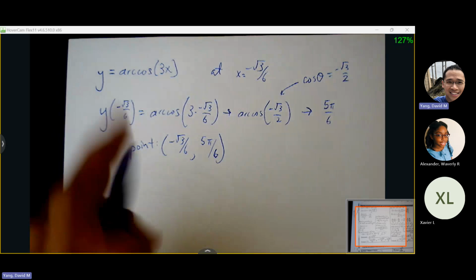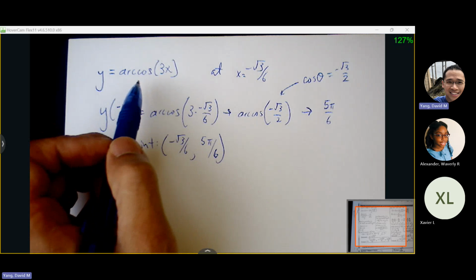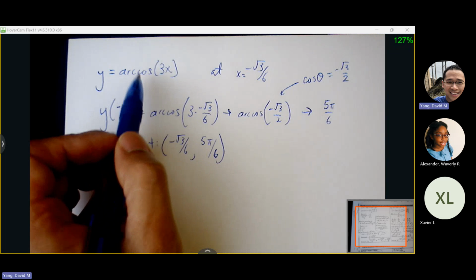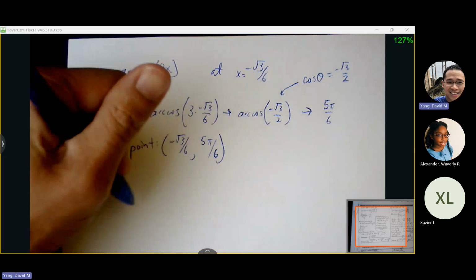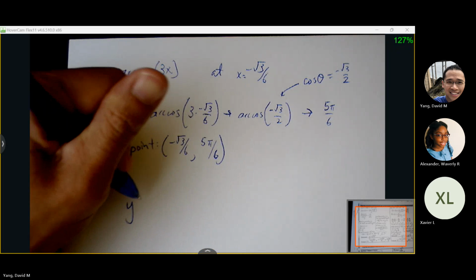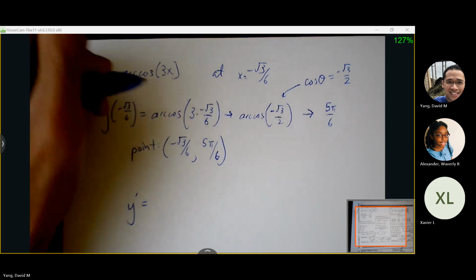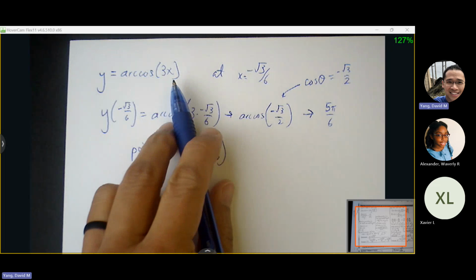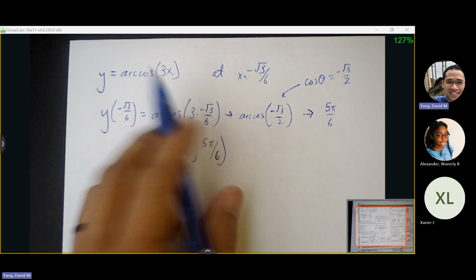Next up, I need to find the slope. To find the slope, I got to get to the derivative. Arc cosine looks a lot like arc sine, just a negative version of arc sine. So the derivative is negative u prime over square root of 1 minus u squared.